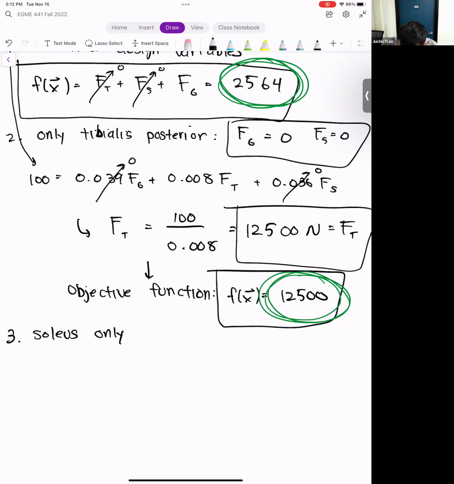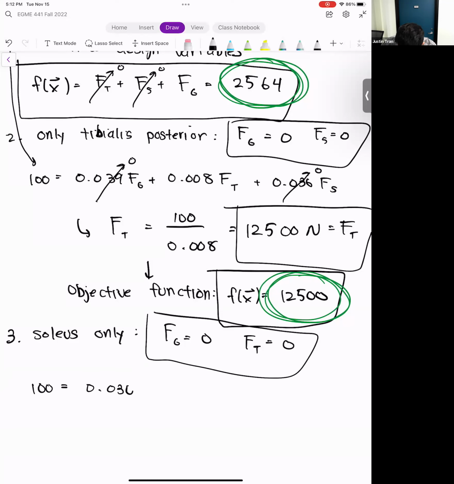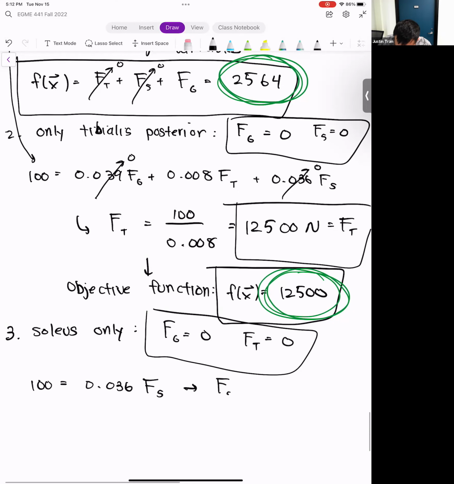And our third guess here is going to be the soleus muscle only. So that means FG is equal to 0, FT is equal to 0. So let's again apply our constraint. According to our constraint, FS is going to be equal to 100 divided by 0.036.